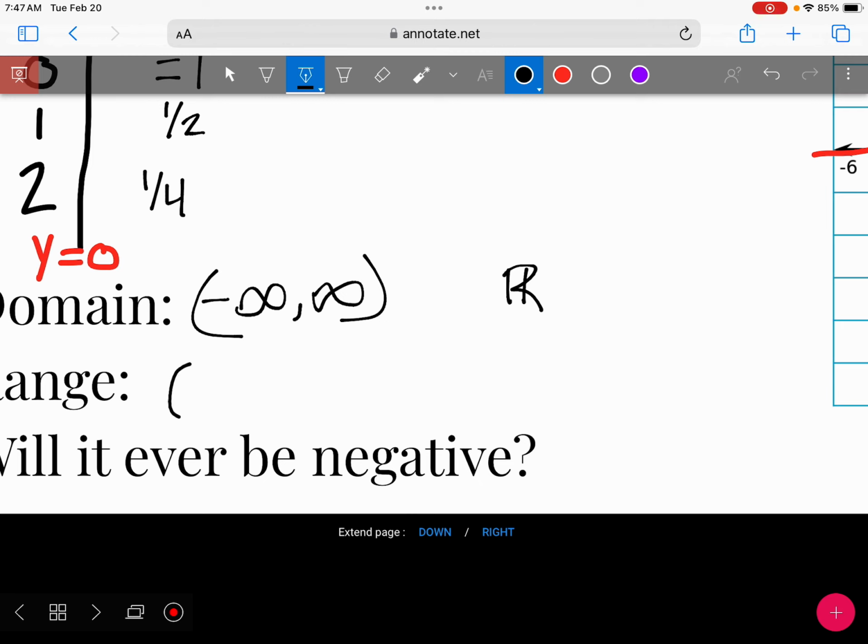It's still 0 to infinity. Or again, if you like the algebraic, our y's have to be greater than 0. And our parent functions will never be negative. They will never be negative. They are never going to have negative values on this side.